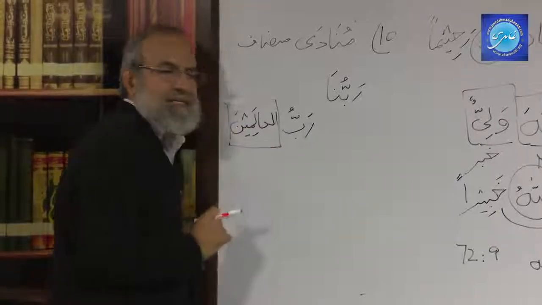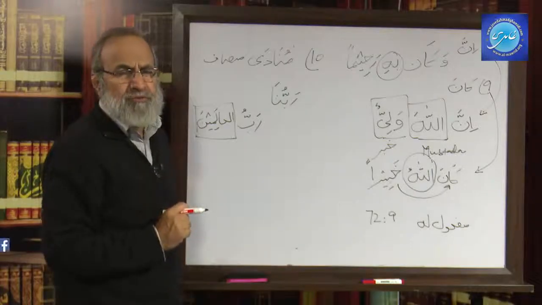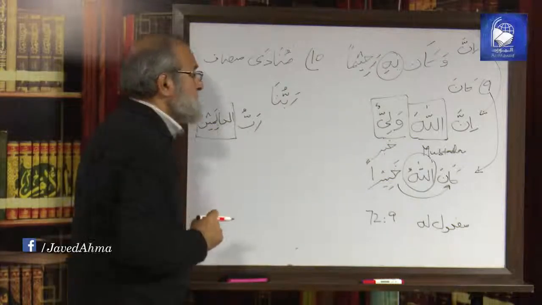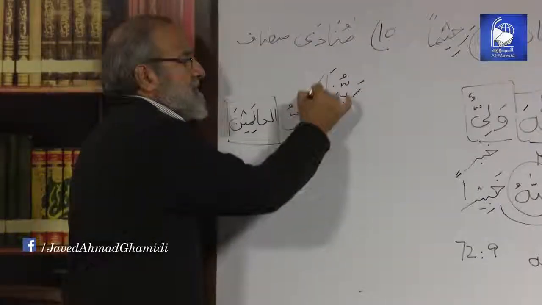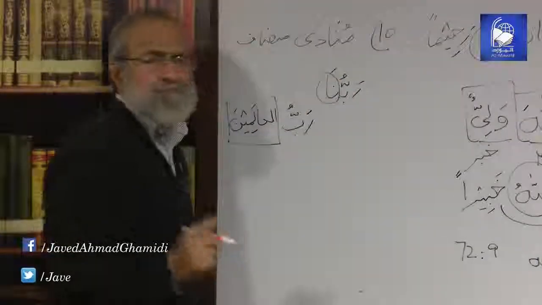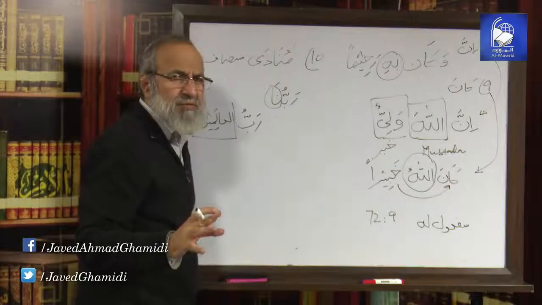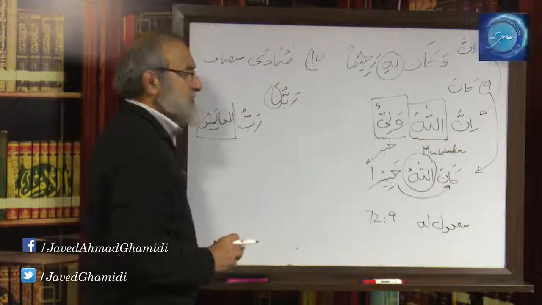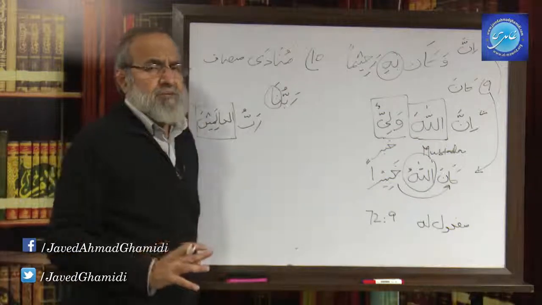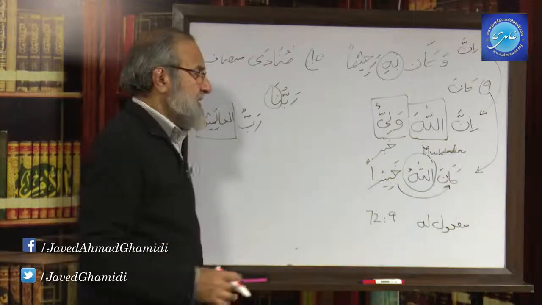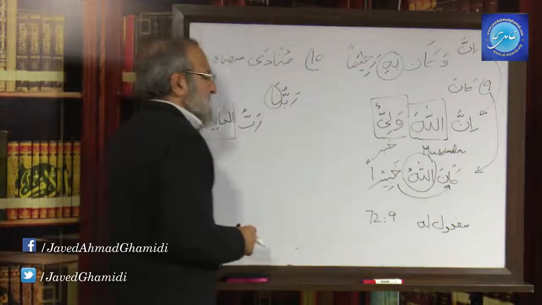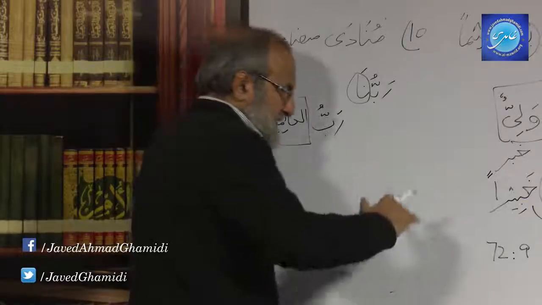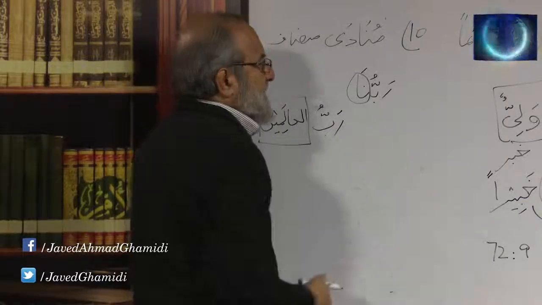Now, Alameen has taken the form of jar because it is muzaf ilayh. But here, na is one of those cases wherein no change takes place whatsoever in the appearance of the noun, no matter what status or position it is in.